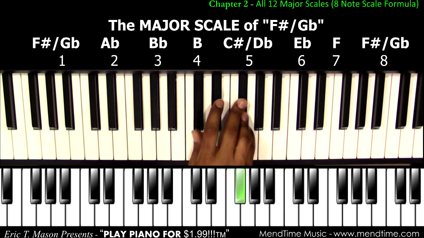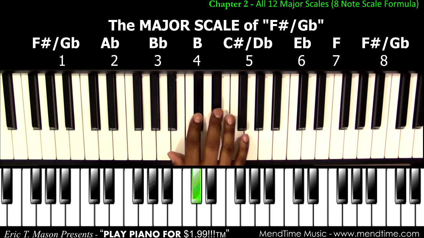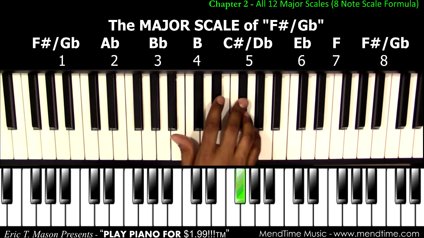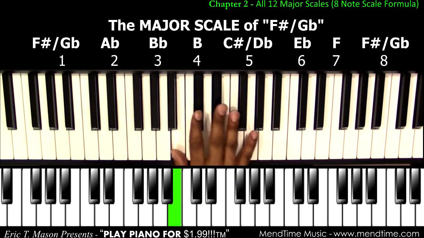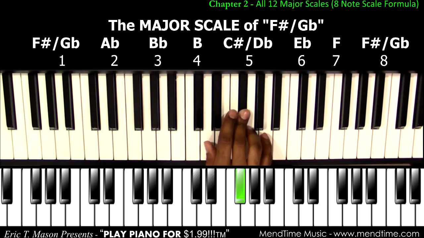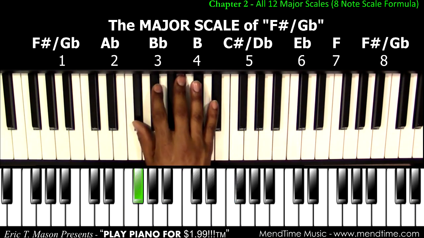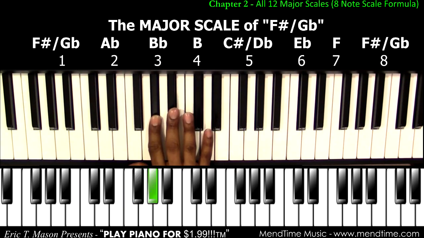You should be able to call out these notes by now. Come on, play along with me. Call out the notes. F sharp, G flat, A sharp. Sorry, excuse me.